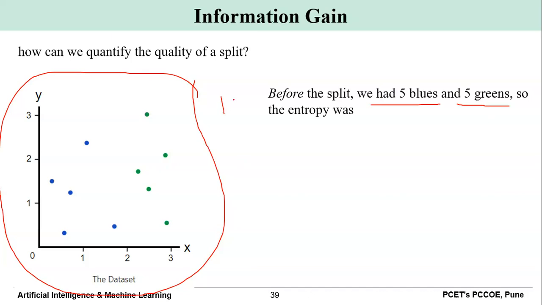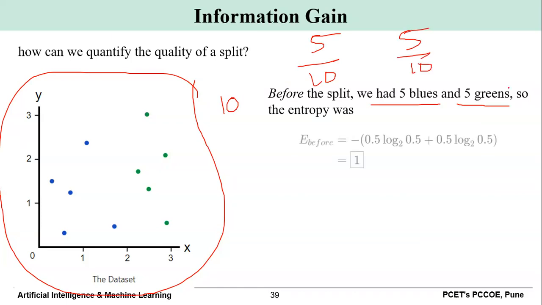So total dots equal 10. So the probability of getting a blue dot is 5 by 10, and the probability of getting a green dot is again 5 by 10. The entropy for this situation is calculated by using this formula. Put these values into this equation and you will get entropy as 1.